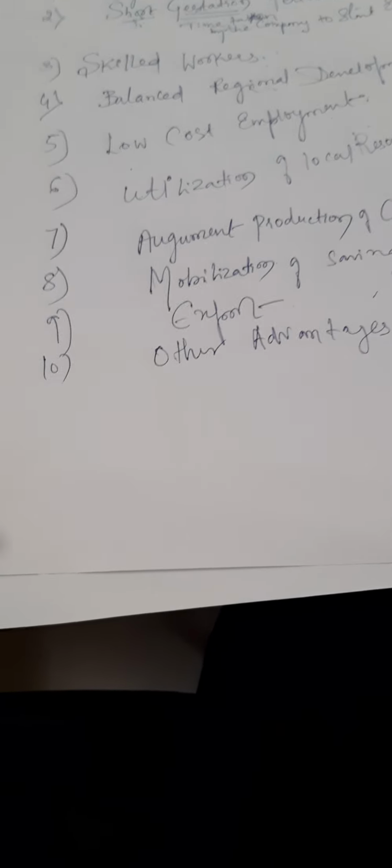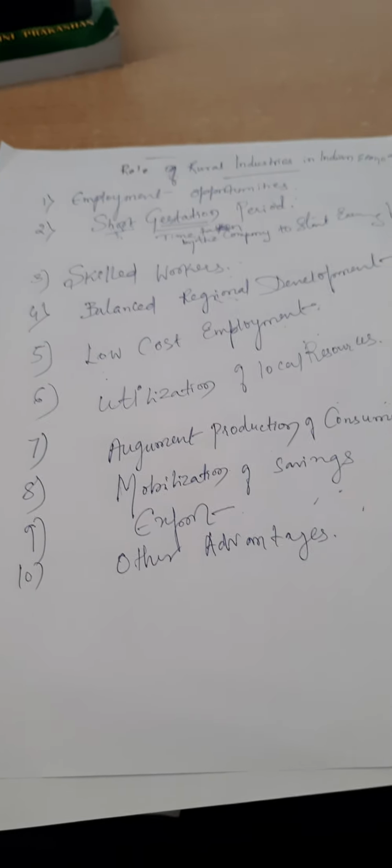Then we'll see what other institutions are doing, such as the Industrial Policy Resolution of 1977, what District Industrial Centres are doing, what the National Small Industries Corporation is doing, what SIDO is doing.